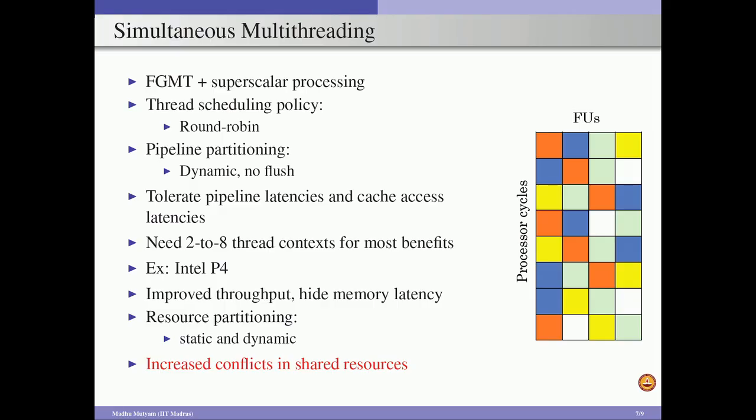As long as a thread is waiting for some L3 cache miss to be serviced, we stop fetching instructions from that particular thread, and we execute instructions from different threads. As a result, we can improve the overall performance.